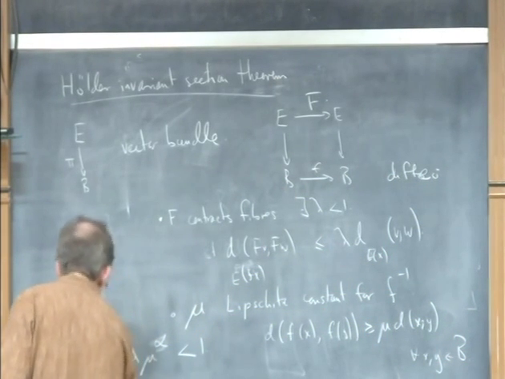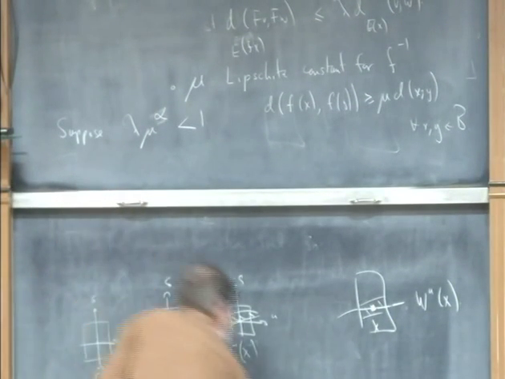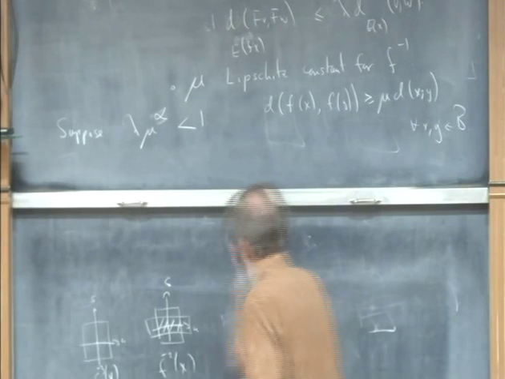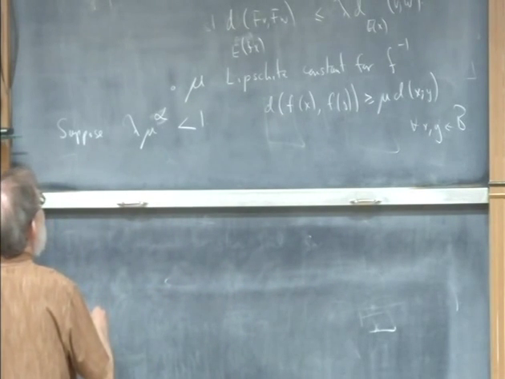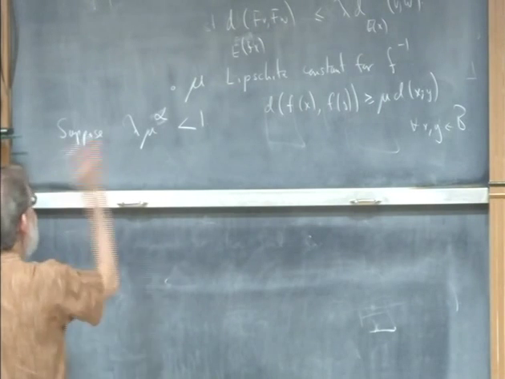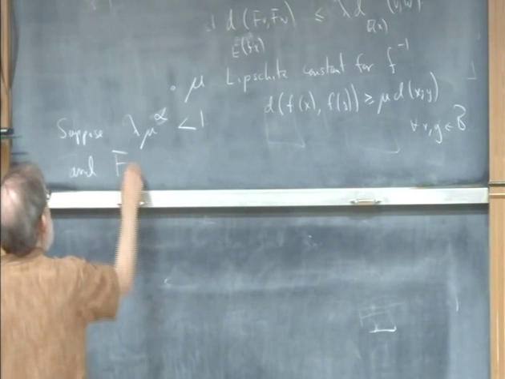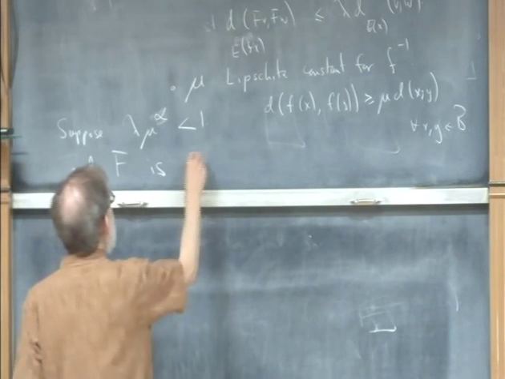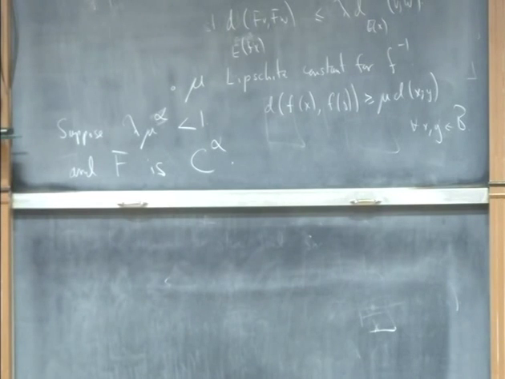Let me just say the graph looks like that, and I want to know that the map DF is C alpha.